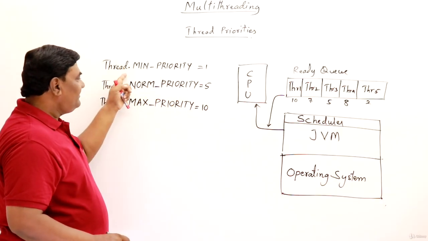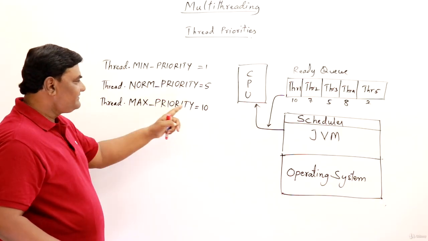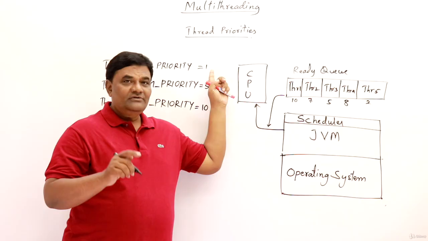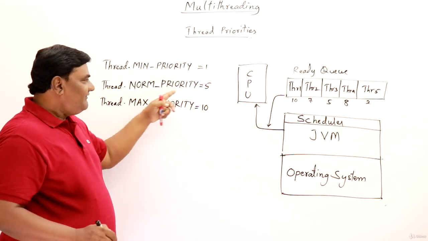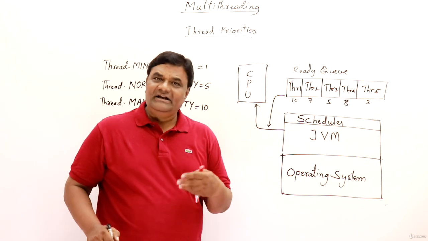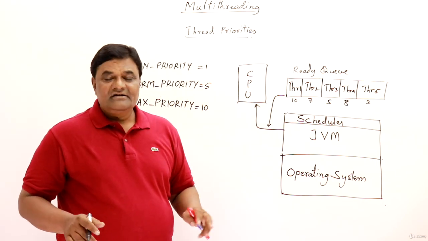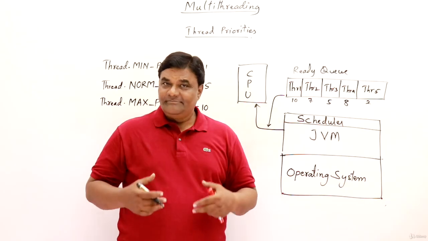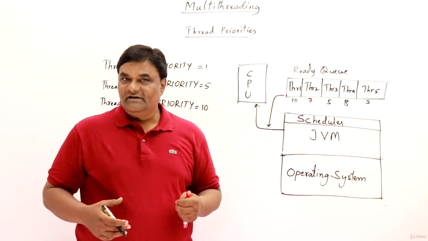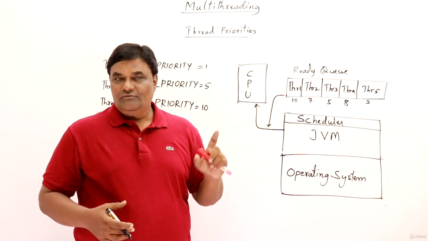The minimum priority is 1 and the maximum priority is 10. It doesn't start from 0, it starts from 1 onwards, 1 to 10. The normal, average priority is 5. By default, if you create a thread, it will have priority 5. If you want to increase or decrease the priority, you can. You can set any number that you want.